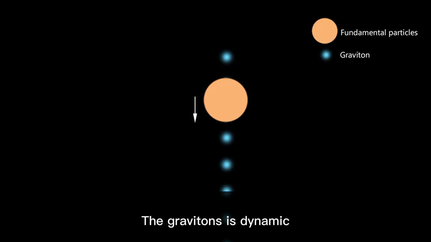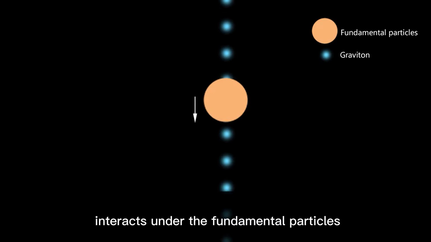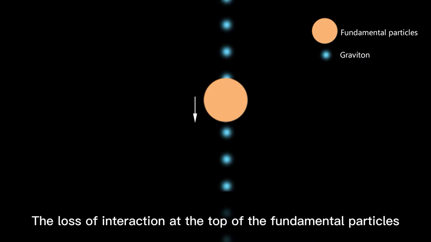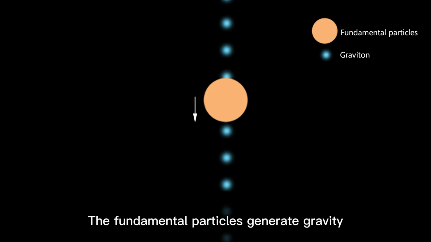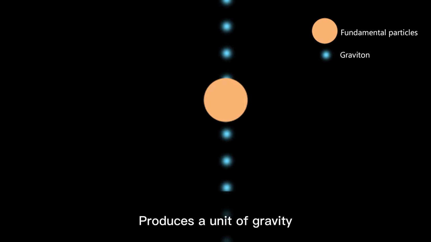The gravitons are dynamic. When continuous gravitons interact under the fundamental particles, and the interaction is lost at the top of the fundamental particles, the fundamental particles generate gravity. A graviton interacting with a fundamental particle produces a unit of gravity.